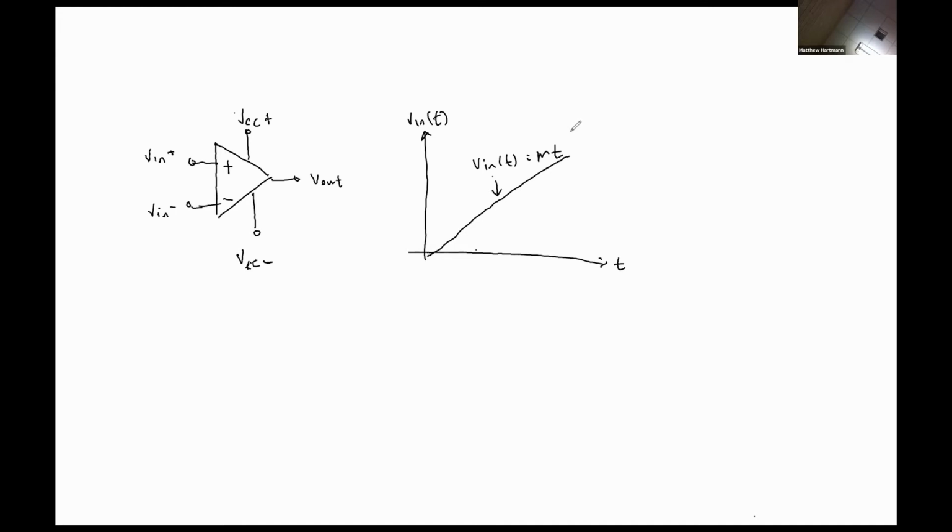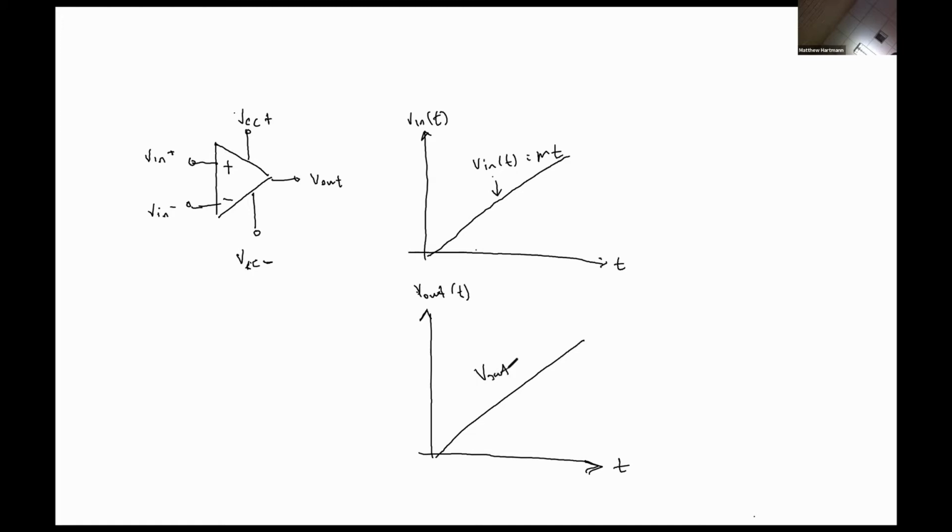If we were to feed this signal into our op amp, in the ideal case, the output would simply be a scaled version of the input.